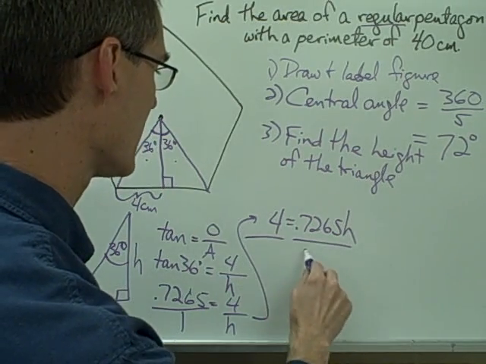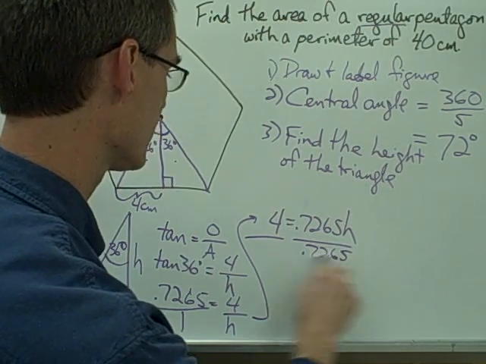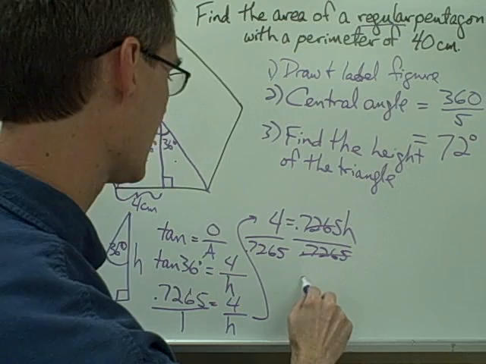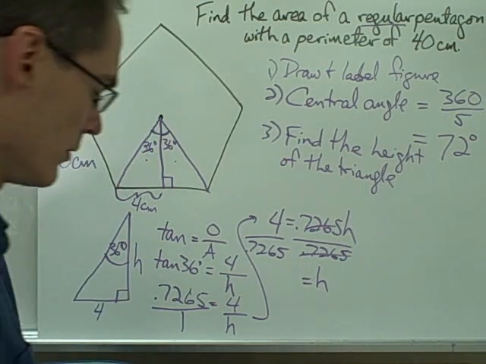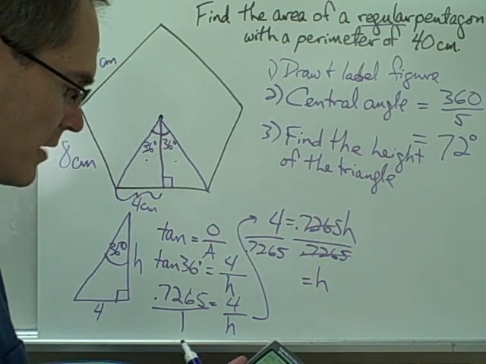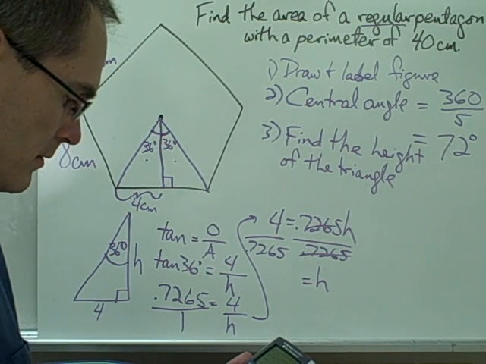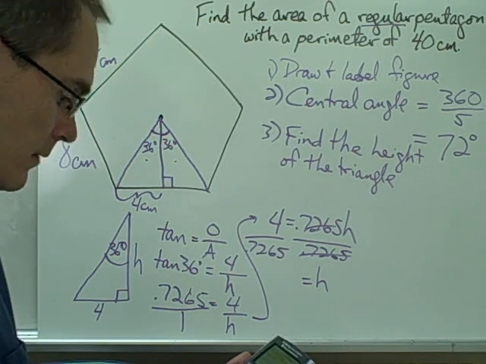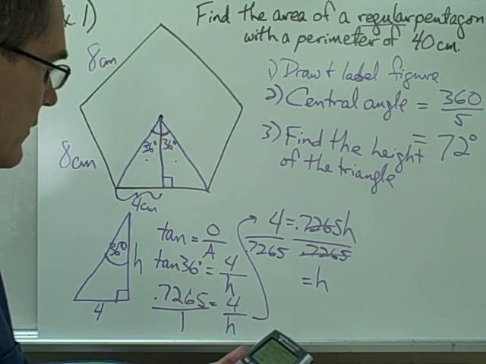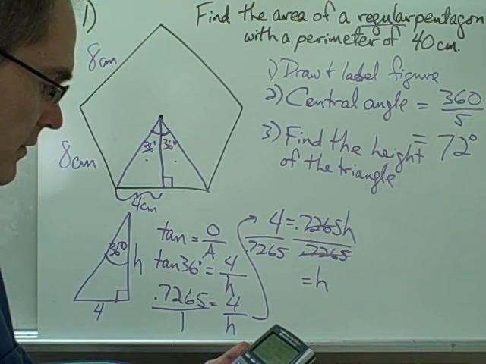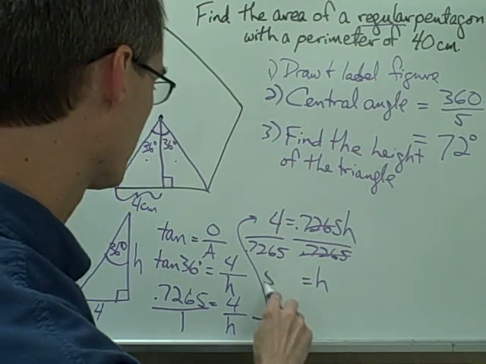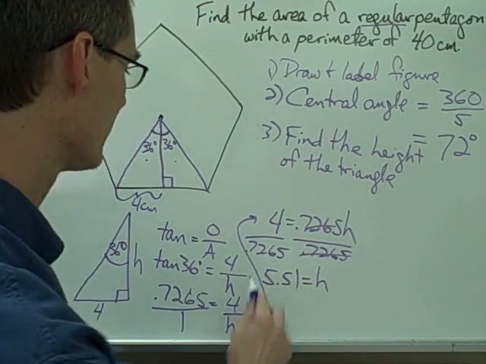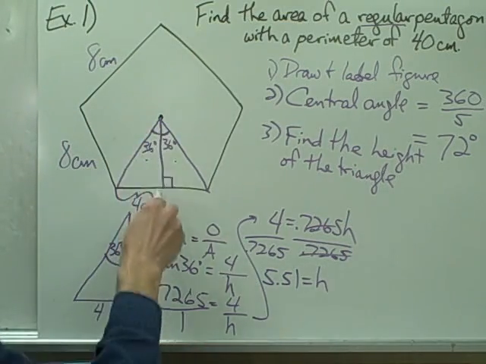I divide both sides by 0.7265, and I get h equals 4 divided by 0.7265, which is approximately 5.51. So now I have the height of my triangle.